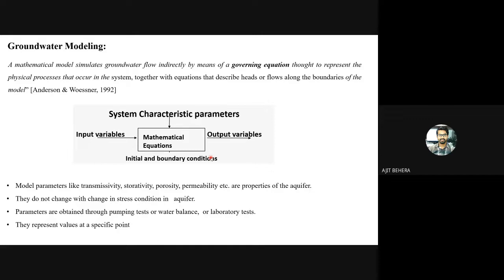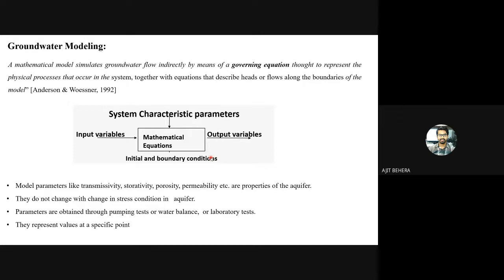So in a groundwater model, we use mathematical equations to study the real field situation, and how different variables react when we input the variables or parameters.